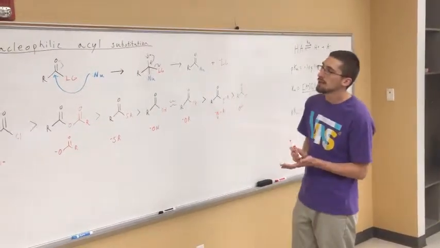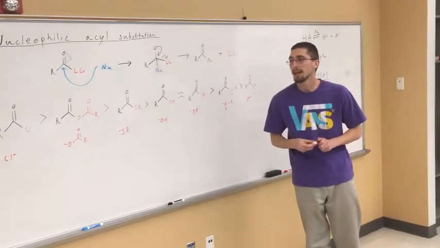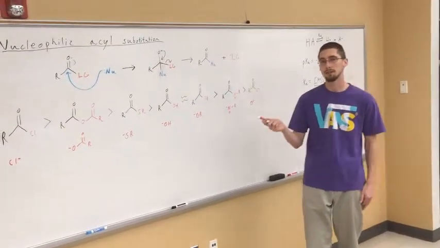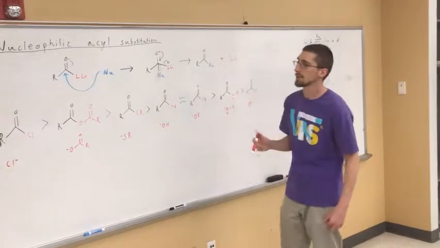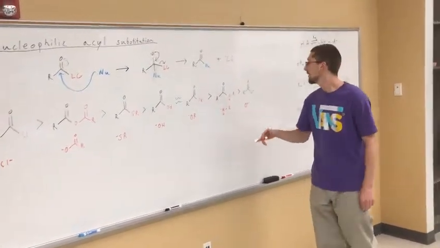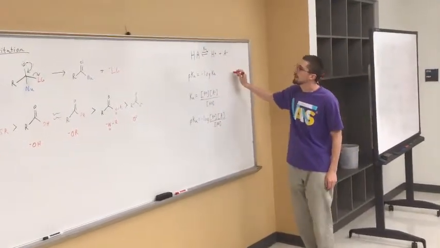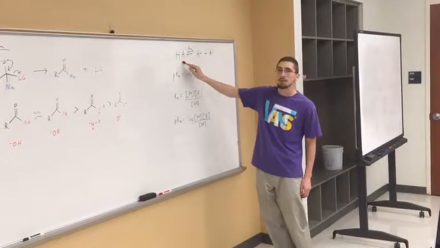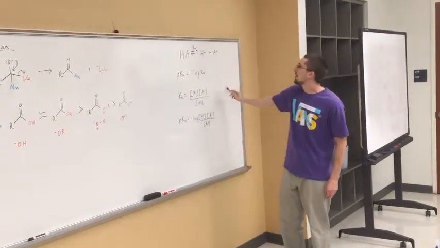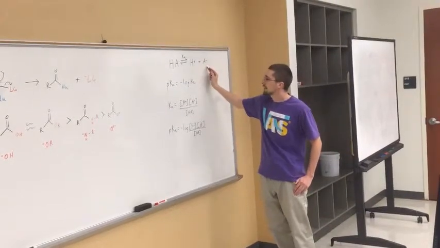So the way that you typically know the order of reactivity is based on the pKa of the conjugate acid of the leaving group. So in this case, I'm going to actually explain to you what the pKa is before I get into that. So if you look over here on this part of the board, we have a general equation for the acid dissociation constant, where our acid turns into our hydrogen ion and our conjugate base.